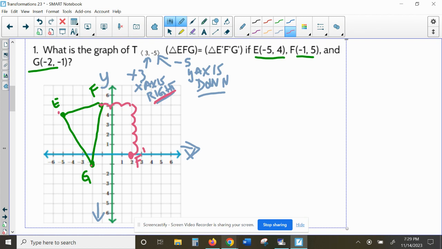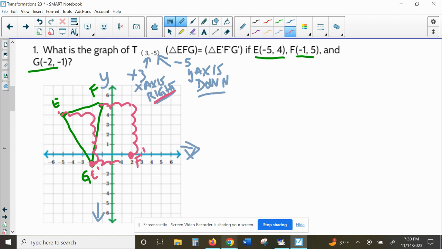So I've got to take this E, 3 to the right, 1, 2, 3, and 5 down. 1, 2, 3, 4, 5. It's going to be landing right on top of that, right? So that's going to be my E prime. My last point is this one, right? So 3 to the right, 1, 2, 3, and 5 down. 1, 2, 3, 4, 5.